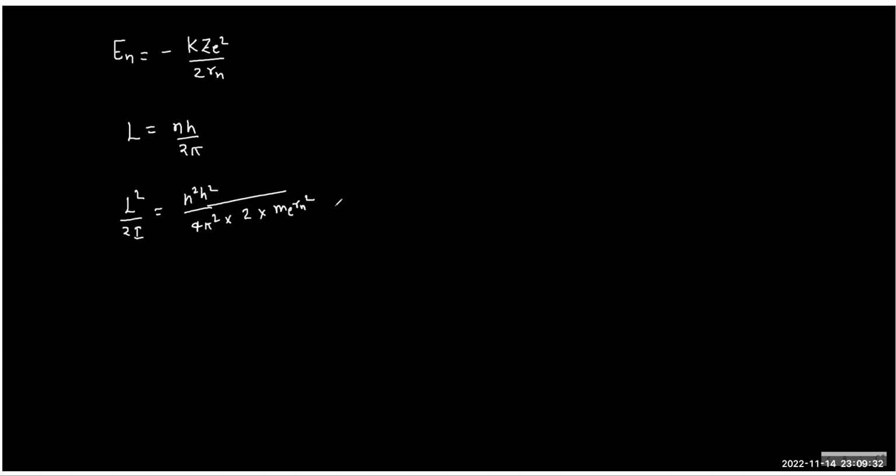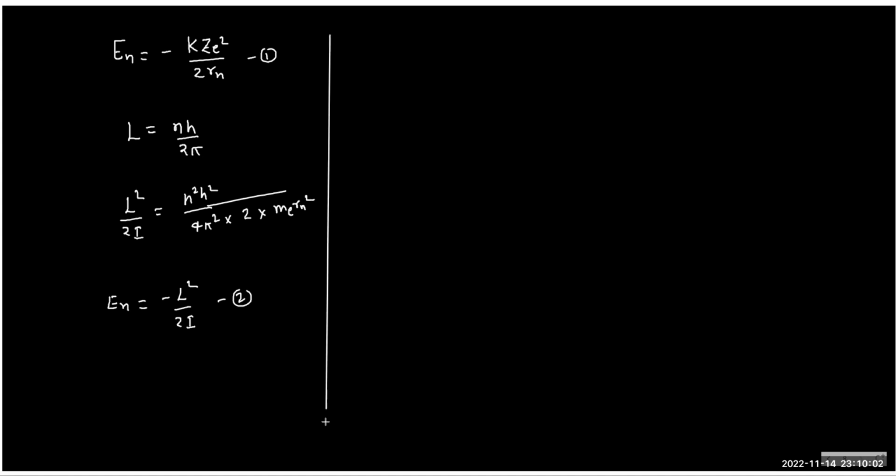So what can we write? I need total energy. There are two ways of writing total energy, right? You can write En as minus. These two ways of writing are the same thing. See, we got the derivation in one line, over.